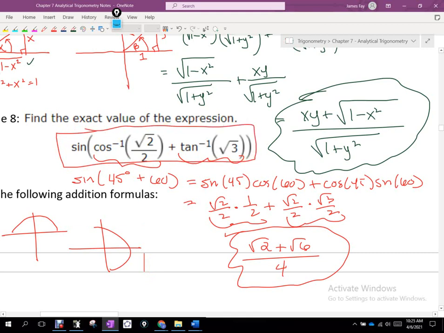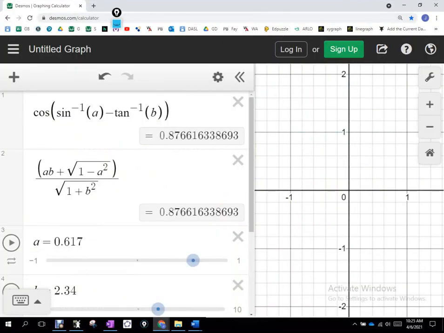That make sense? So we could check that, and while you're writing that down, I'll come to the side and type it in Desmos.